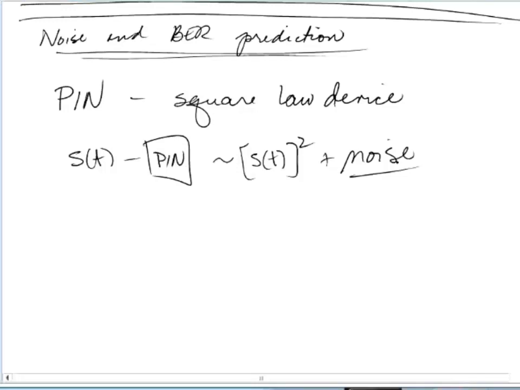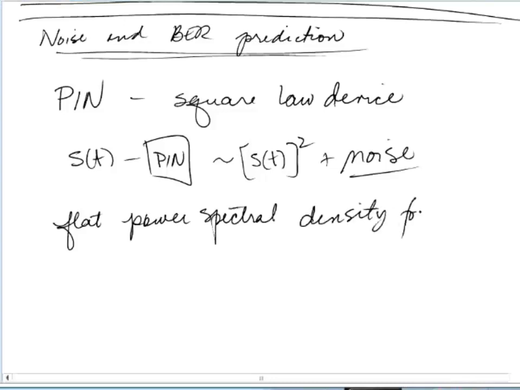And again, this is thermal noise which we find in all electrical receivers. It's the classical additive white Gaussian noise that's modeled as a flat power spectral density, and it has a Gaussian distribution. It's flat, which is where we get the acronym AWGN.